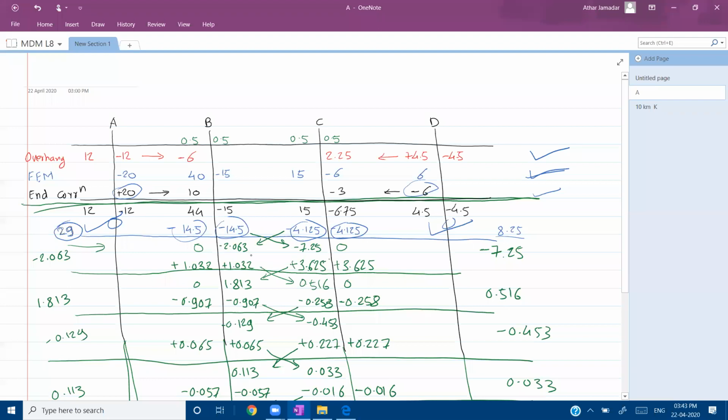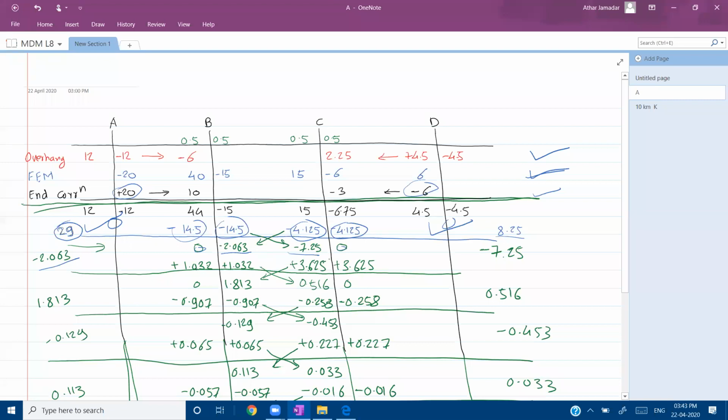Now from this step, we are only calculating the unbalanced moment from this correction only. That means we are directly assuming that on the other side of the correction step, no moment is acting. That's why this 0 is written down directly here. So 0 minus 2.063, unbalanced moment will be directly this.